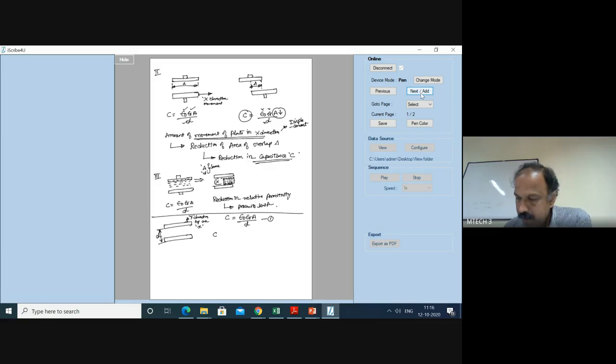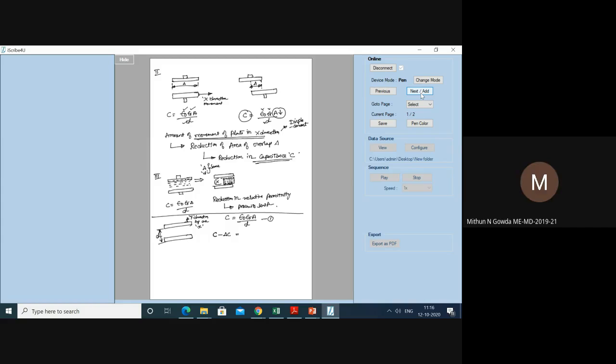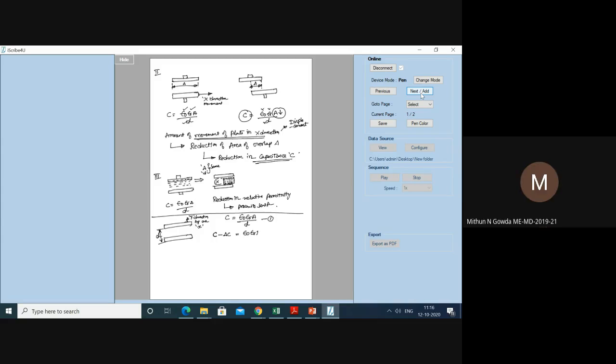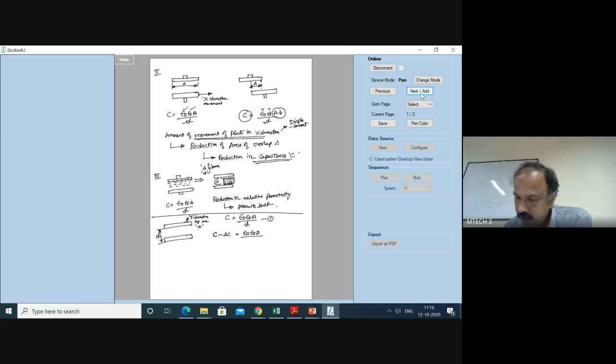C will become C minus something. I don't know how much, so let me say the change in capacitance is delta C. That will be equal to epsilon naught epsilon r A divided by the new distance. What about the numerator? The numerator is the same. So what does D become?